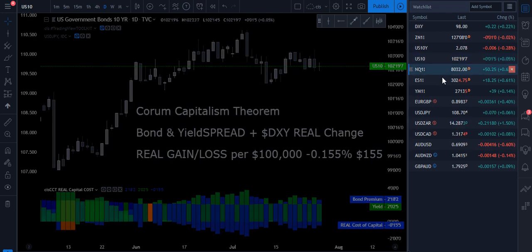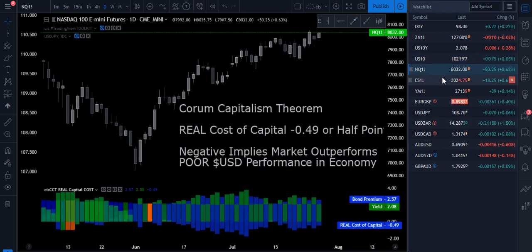When you consider the NASDAQ 100 futures and the real cost of capital from Quorum's Capitalism Theorem, it's minus 0.49 or half a point. Now, the negative number implies that the market will outperform the poor U.S. dollar performance in the economy. It's basically saying that the dollar in the U.S. economy is not performing if that number is negative.